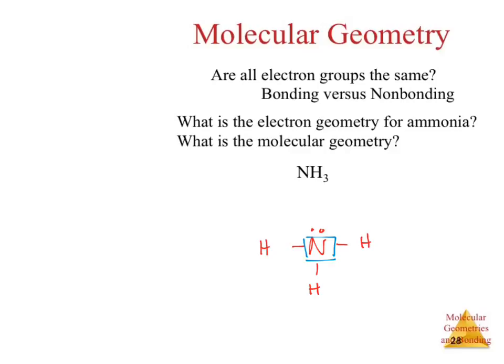So in molecular geometry, I don't necessarily care per se about the electron domains. I care where the atoms are located relative to each other. So what I end up doing is taking a look at my tetrahedral geometry. I say that one of those groups is non-bonding, and 3 of those groups are bonding.